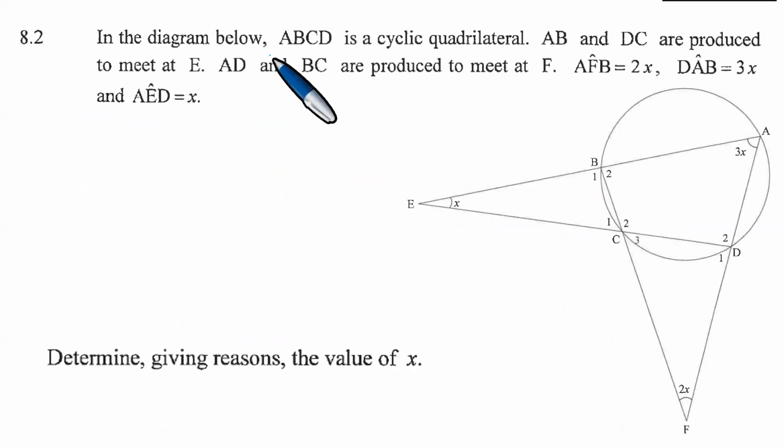In the diagram below, ABCD is a cyclic quadrilateral. A, B, and D, C are produced to meet at E. There is E. A, D, and B, C are produced to meet at F. There is F down there. Now, the angle AFB is 2x, but DAB is 3x.